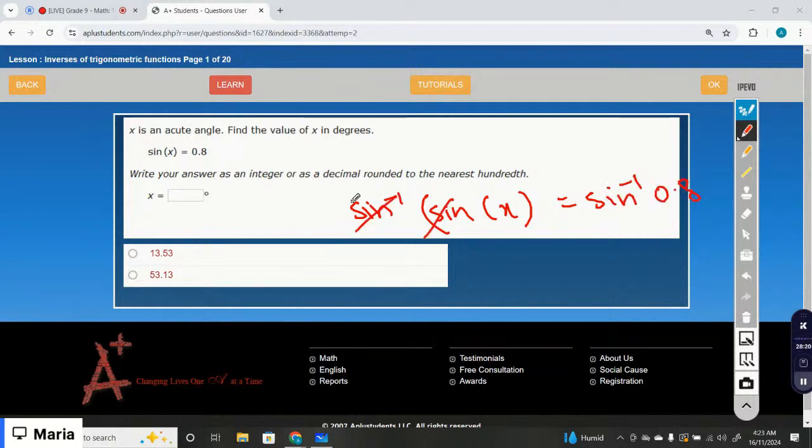So sine and sine inverse are opposite to each other, so they cancel out each other. You are left with X. Let me just calculate the sine inverse. That is 53.13. Option number 2 is the correct option.